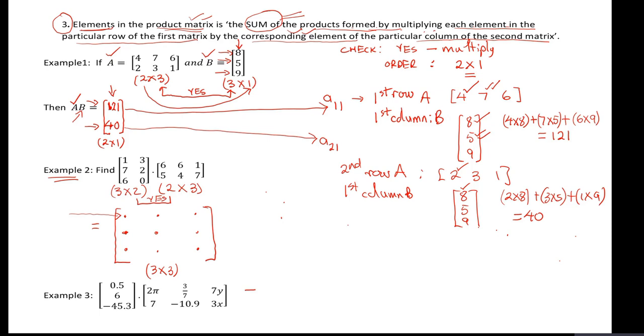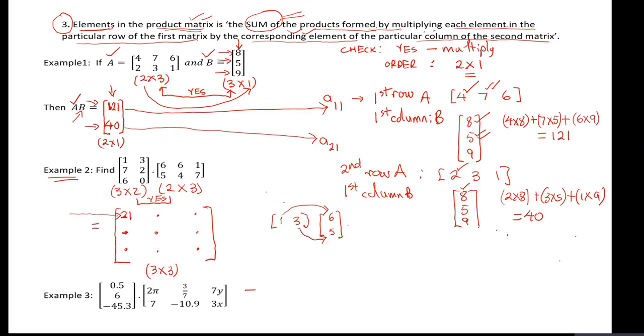So what do I do? I multiply the first row of the first matrix, 1, 3, by the first column of the second matrix, which is what? 6, 5. And multiply in the proper order. 1 times 6, 3 times 5. 1 times 6 is 6, 3 times 5 is 15. Add those, 6 plus 15, there you go, 21.